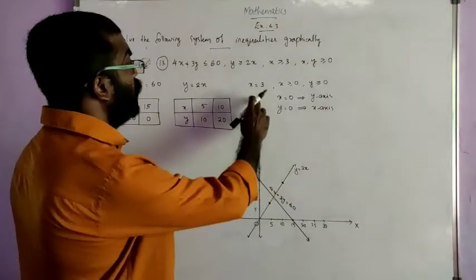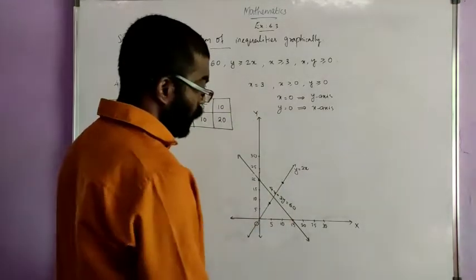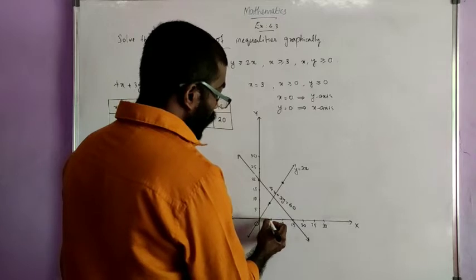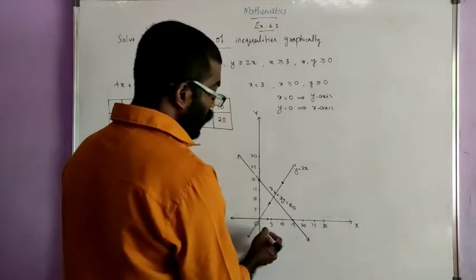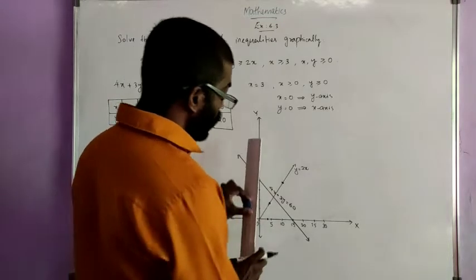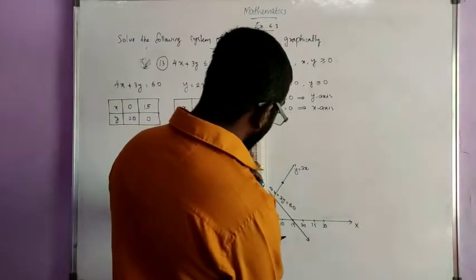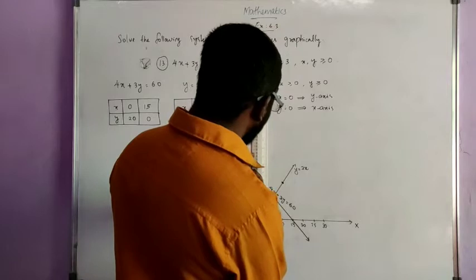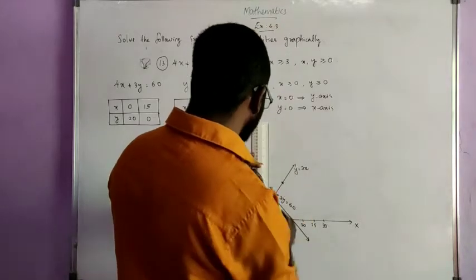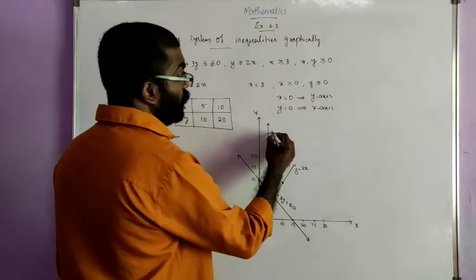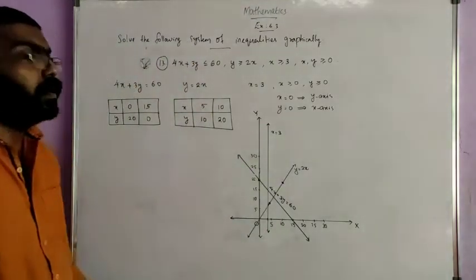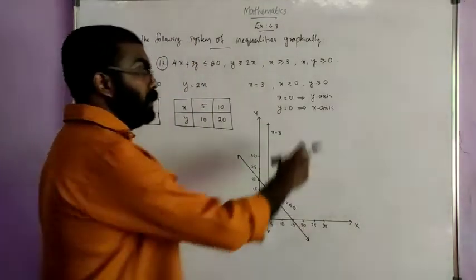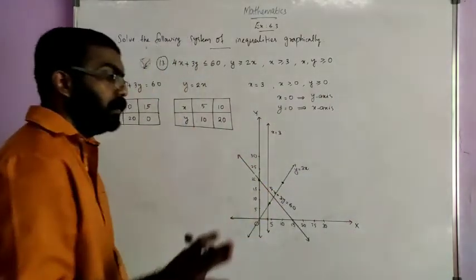Now the next one is x equal to 3. So we have to draw a straight line which is parallel to the y axis and through the number 3. So here we can draw the line x is equal to 3. Now the next one is the x axis and y axis.